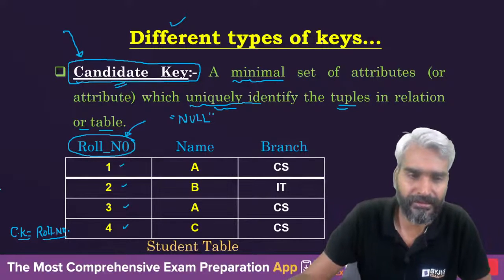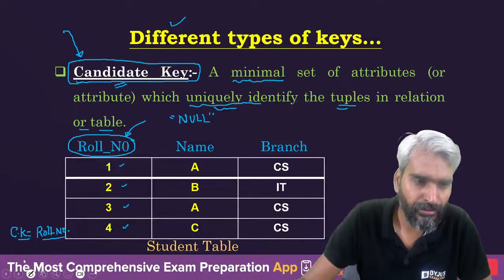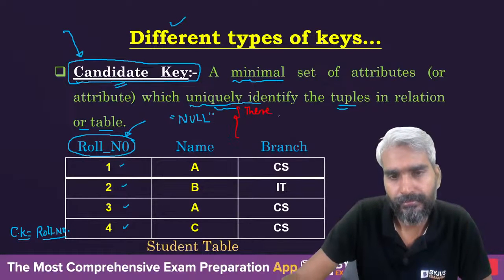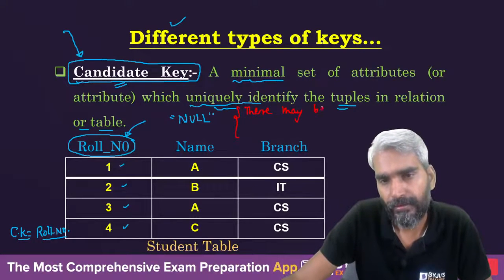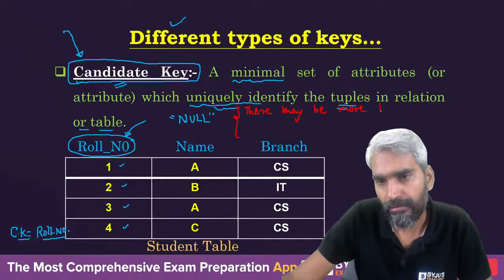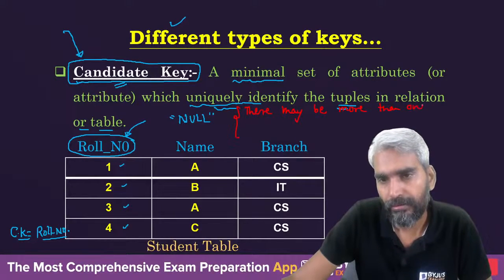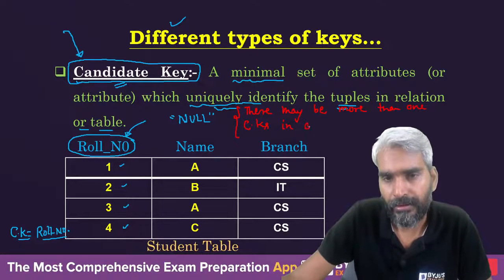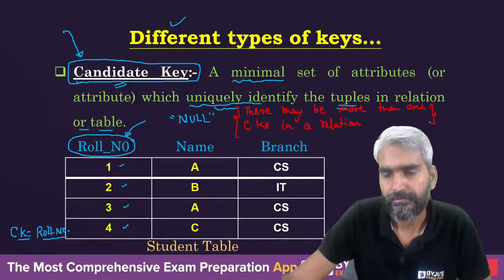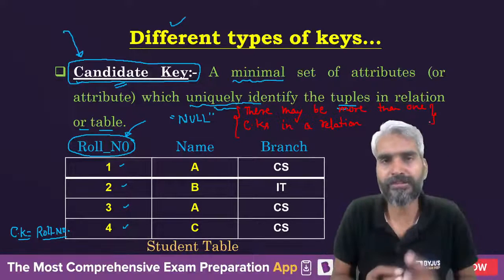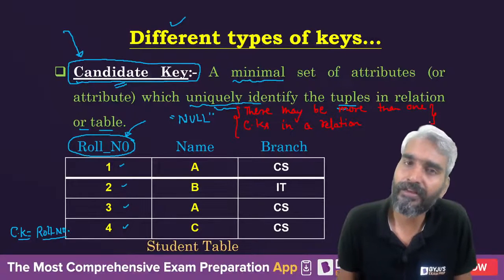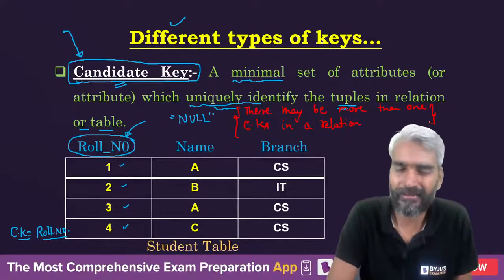That's the note we can note down: there may be more than one candidate key in a relation. Yeah, obviously possible. Multiple attribute sets which are minimal and can uniquely identify the tuples of the relation. So that's okay, that there are multiple, that's fine, right?